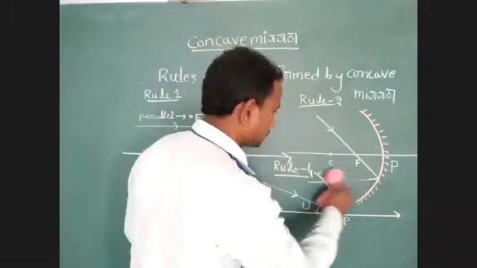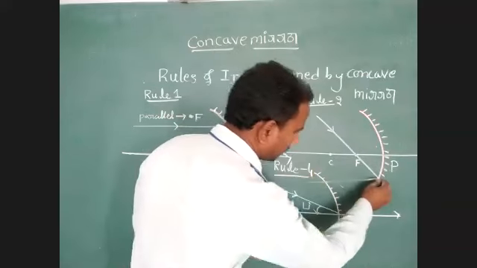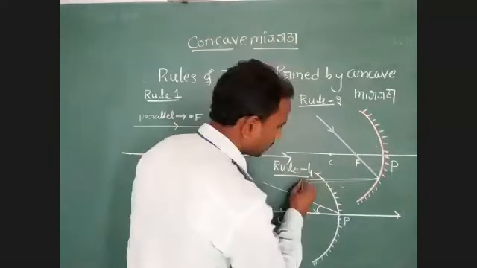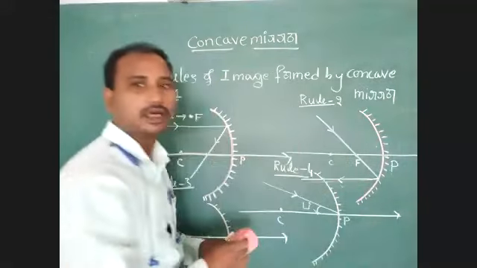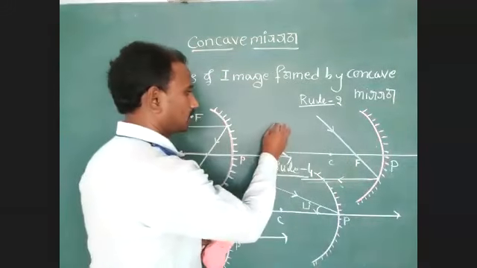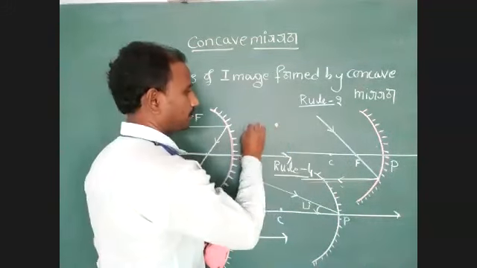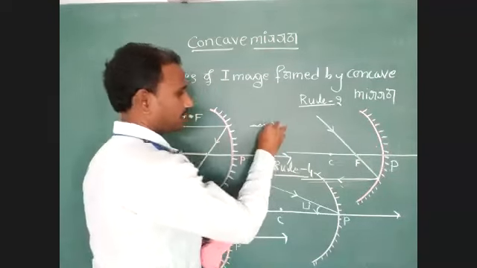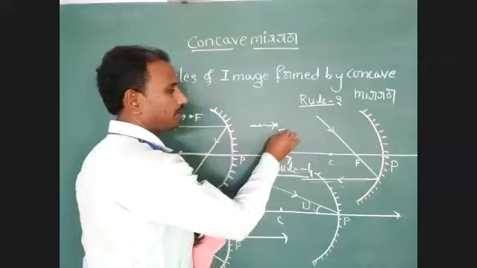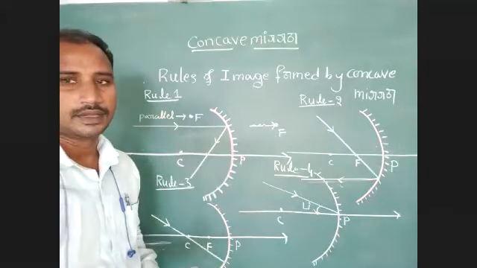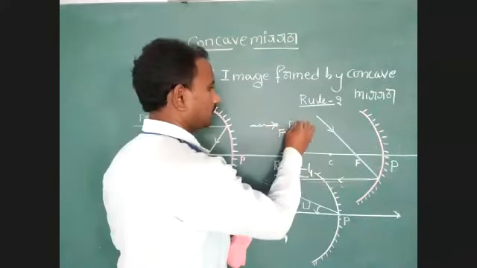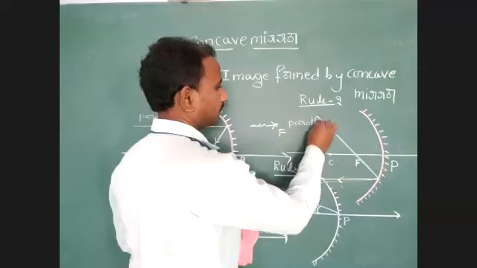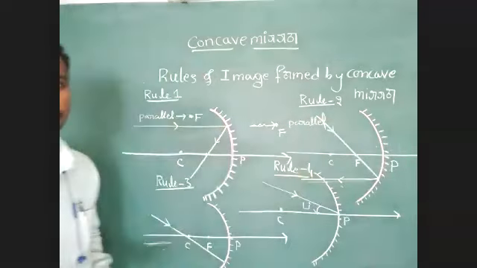Parallel to the principal axis. So here the incident light ray is passing through the principal focus. After reflection, it is parallel. You have to identify.